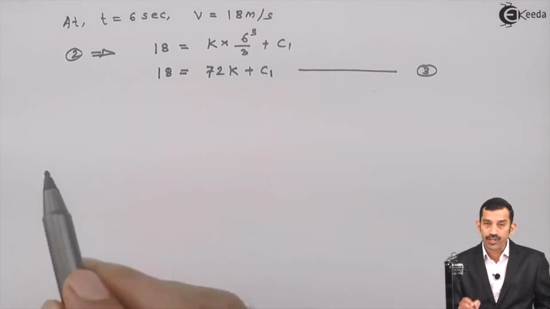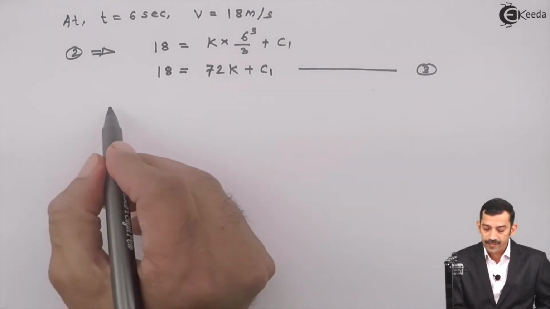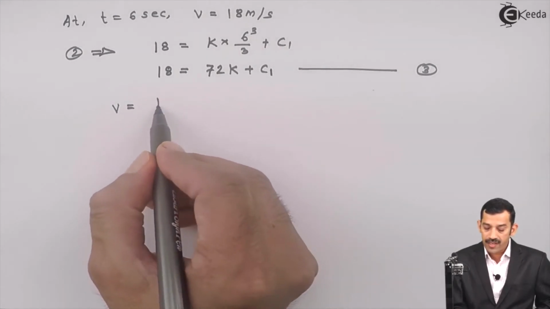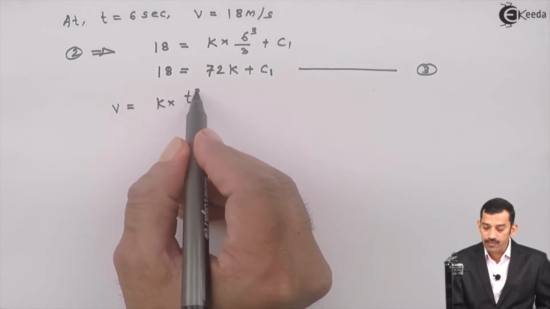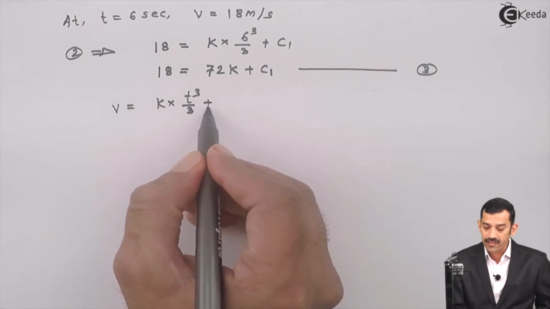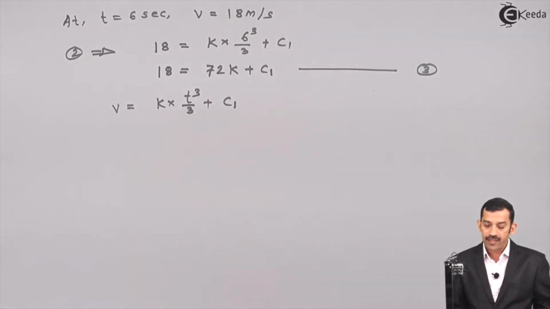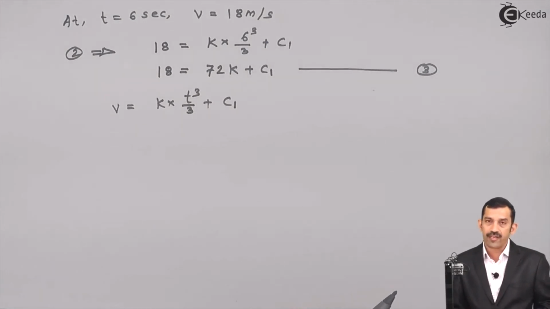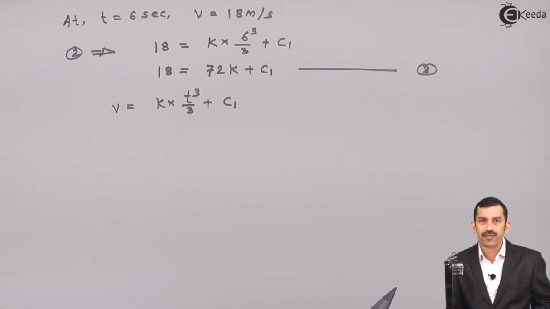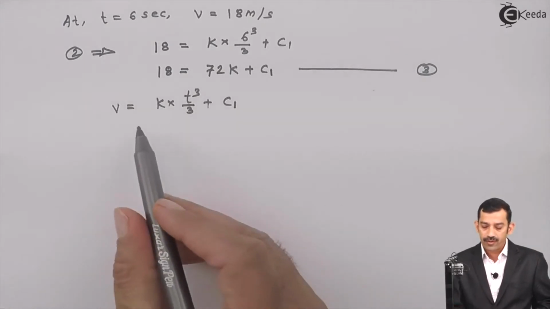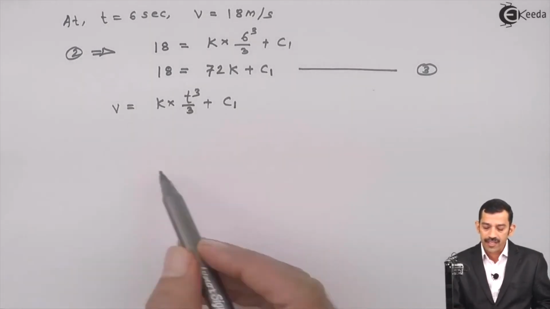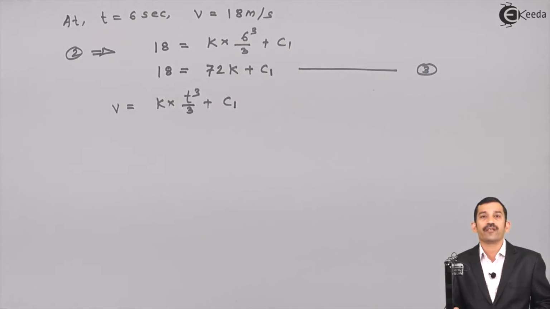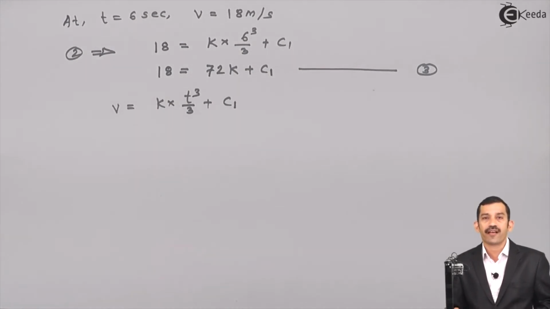Therefore, the equation of velocity is v equals k into t cube by 3 plus c1. This is the relation, that means v is a function of time t. If we substitute v as dx by dt, the rate of change of displacement with respect to time, then v in terms of t means integration is again possible, and we will get a relation between x and t.